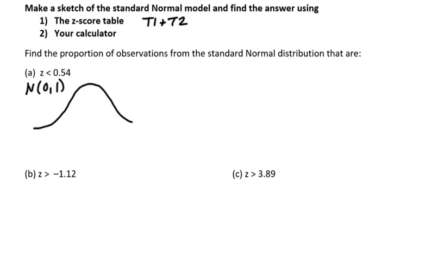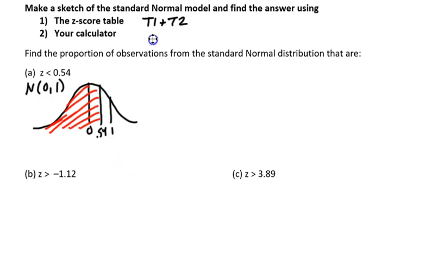And since the center of this distribution is 0, and one standard deviation is right here, 0.54 would be about right here. I want to know all the area to the left of this curve. Since 0 represents the 50% point, this has to be more than 50%.